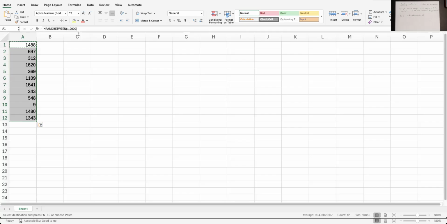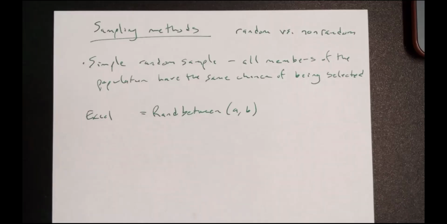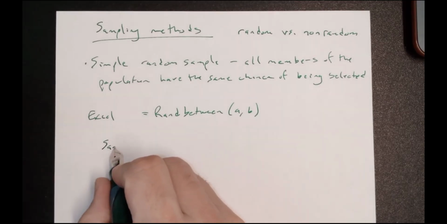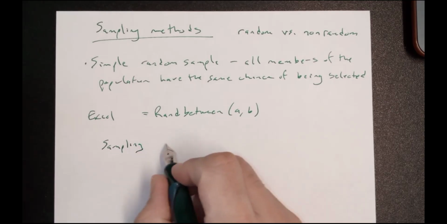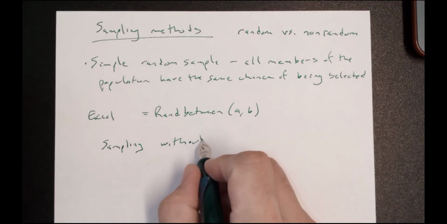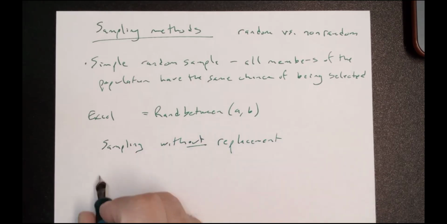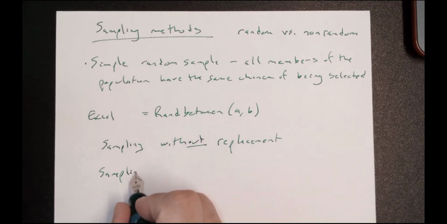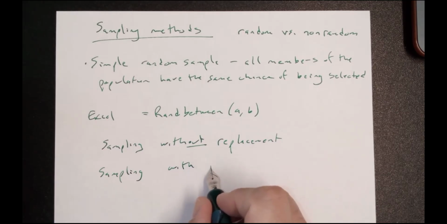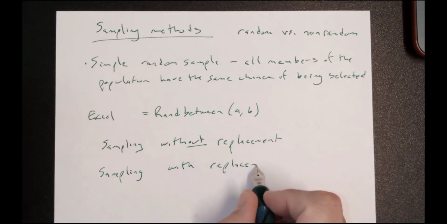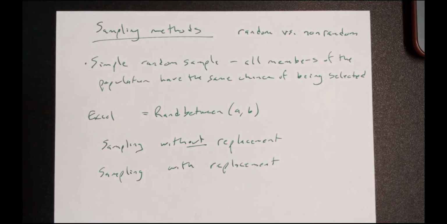So we really have two different types of sampling, depending on whether we allow a number to be picked more than once.